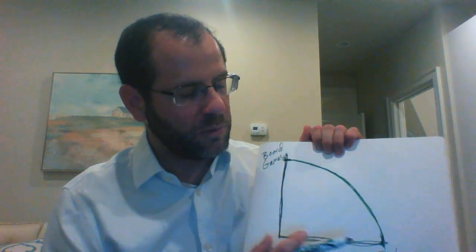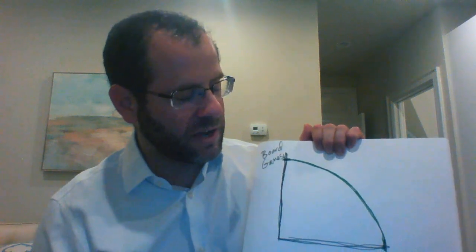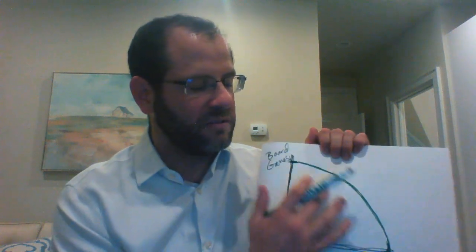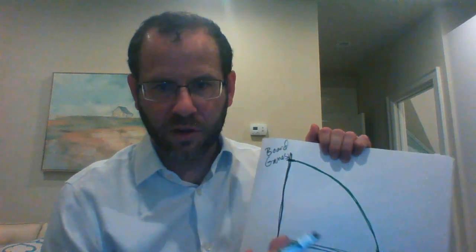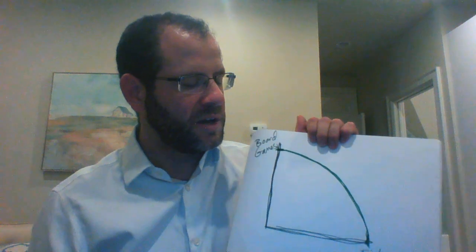We're saying that we put all of our free time into board games and we get this much enjoyment out of it. We put all of our time into fishing and we get that much enjoyment out of it. You would think that if we split our time between the two activities, we would just have a line between the two, like with our budget constraint when we talked about splitting money between two different things we could buy.